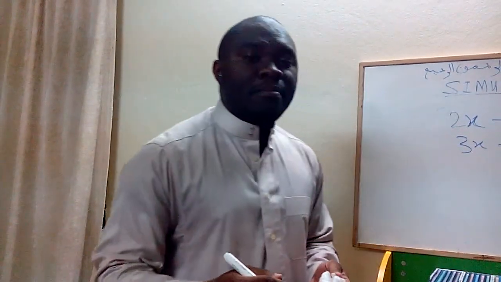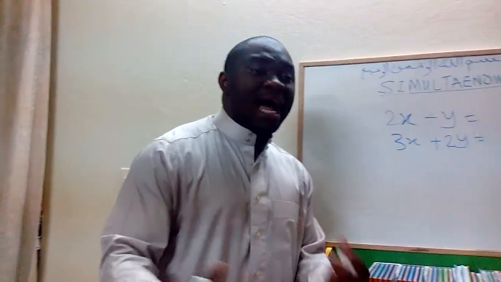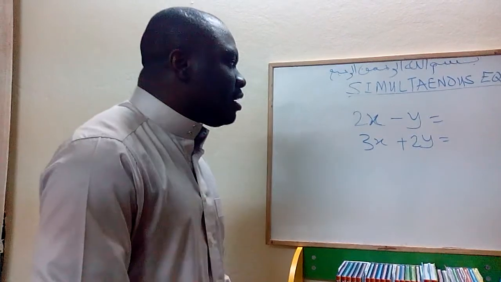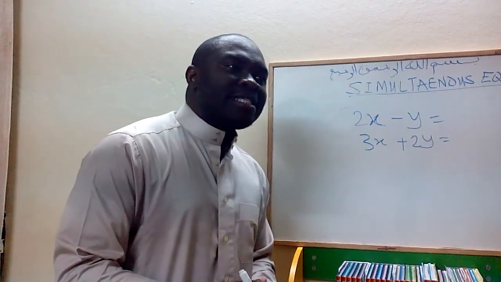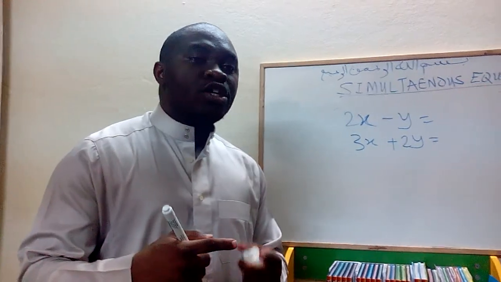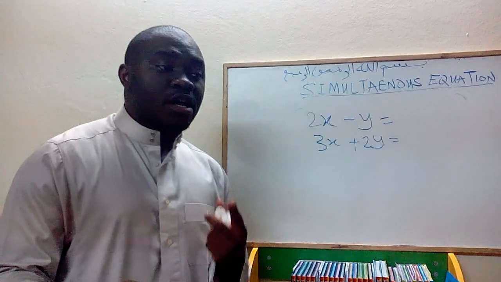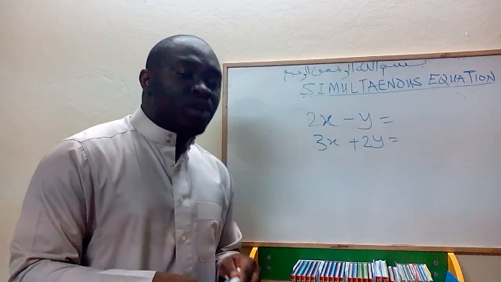From the word itself, when you say a simultaneous event, it means two events that are happening at the same time. But we must importantly note that for you to solve a simultaneous equation in two variables, you need two different equations. One equation will not be enough.